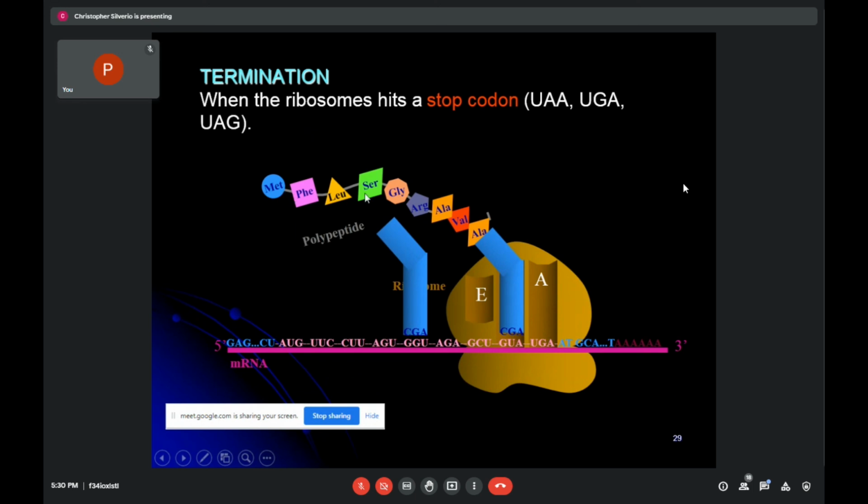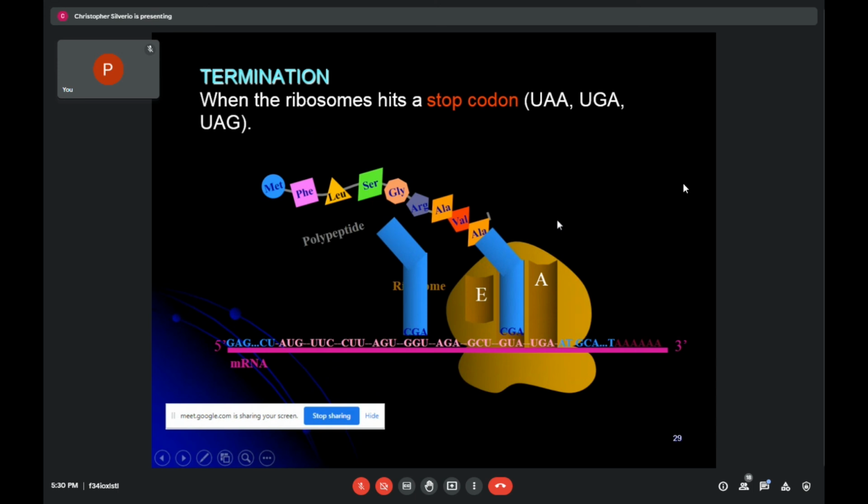And this is now the polypeptide chain. And so from here, this is the end of the translation process, because the next codon is the stop codon.